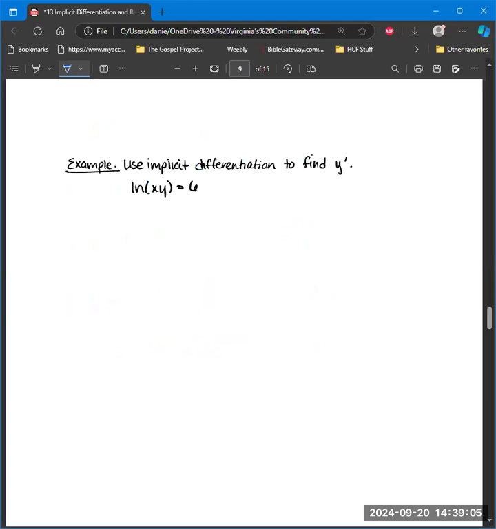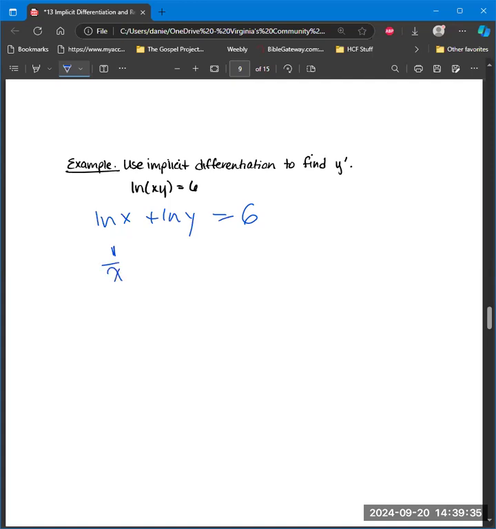Use implicit differentiation to find y prime. So let's use some rules here from pre-calculus first, that a product inside of a log can be made into a sum of logs.